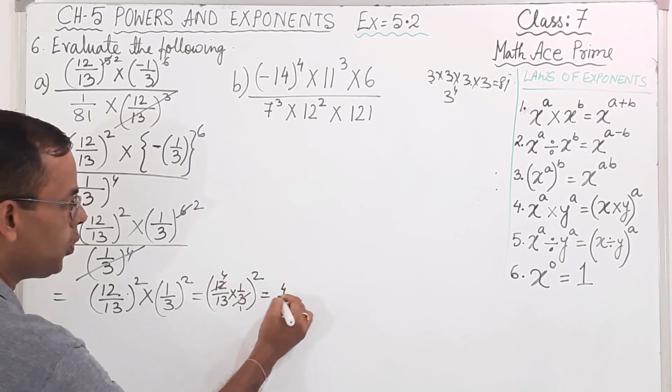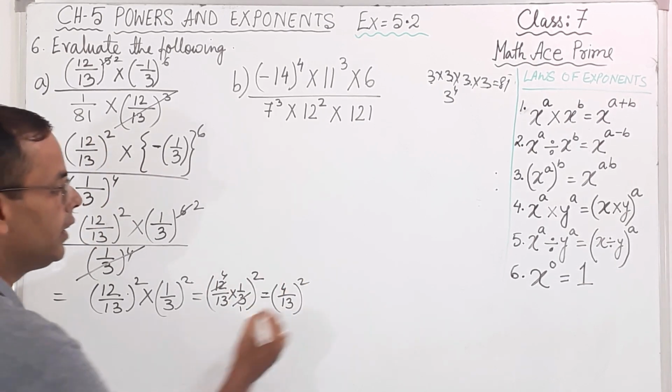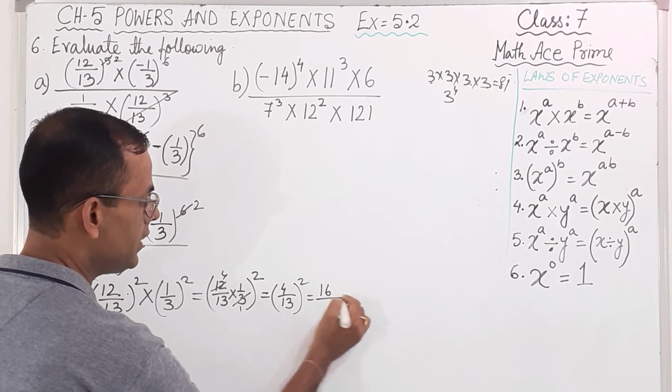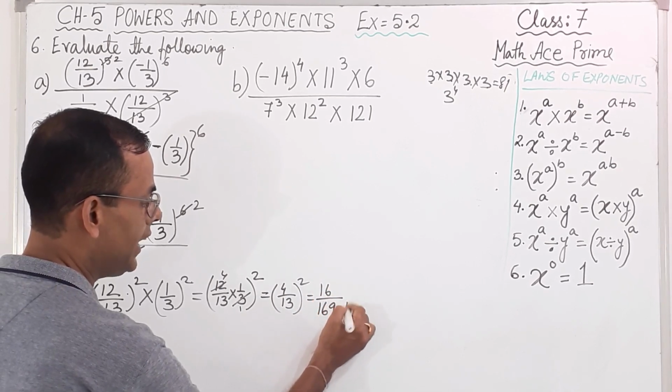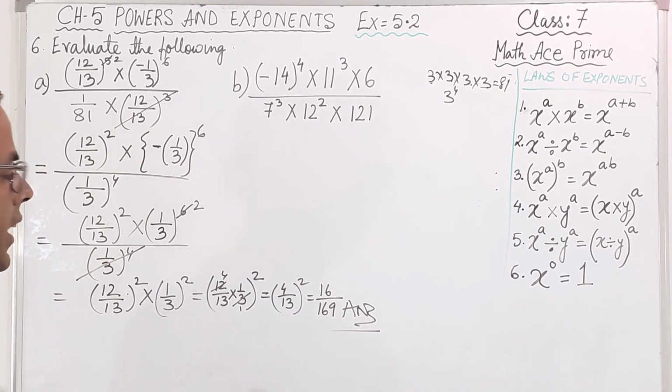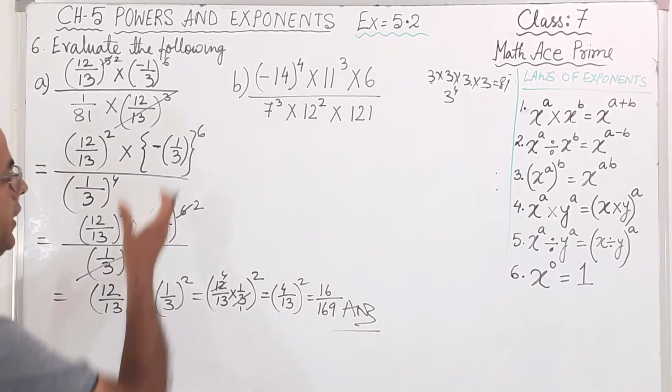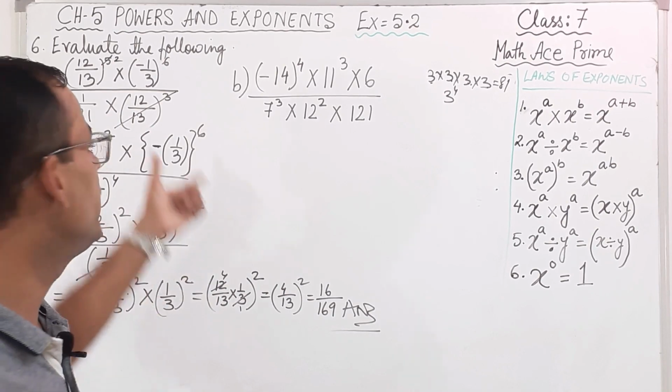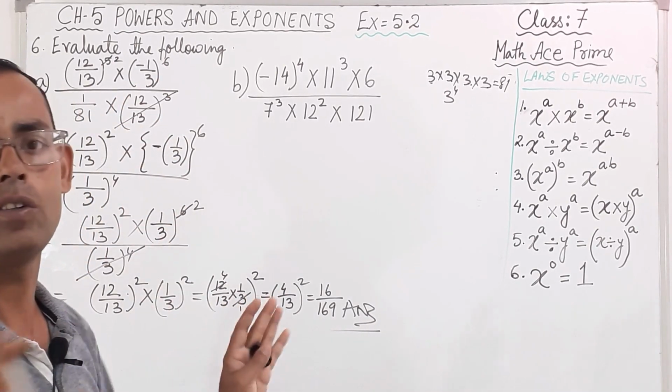So what you get? 4 by 13, and then outside square. Now 4 square is what? 16, 13 square is 169, and this is the answer. Clear? Very simple one. Okay. And if you think that no, I will not do it this way, I will break everything like that, also you can do.